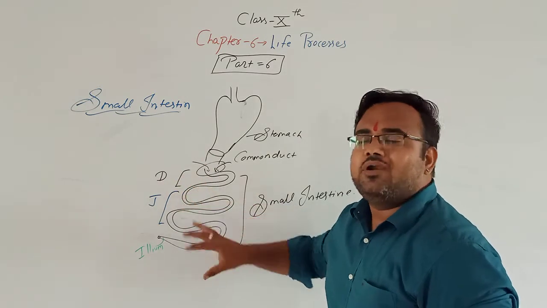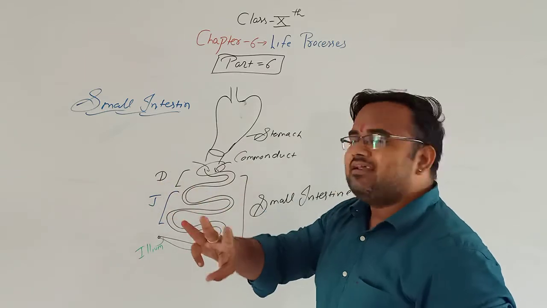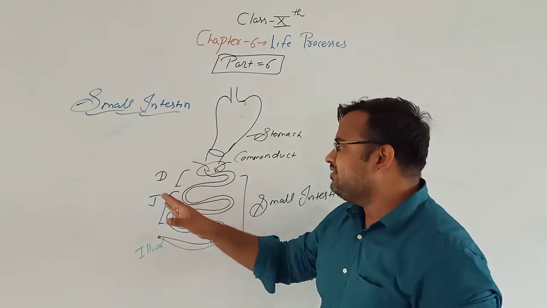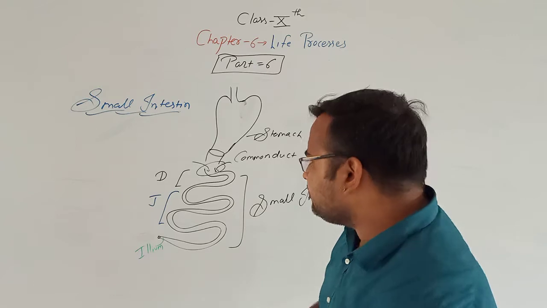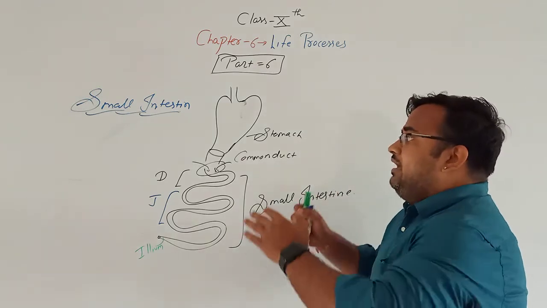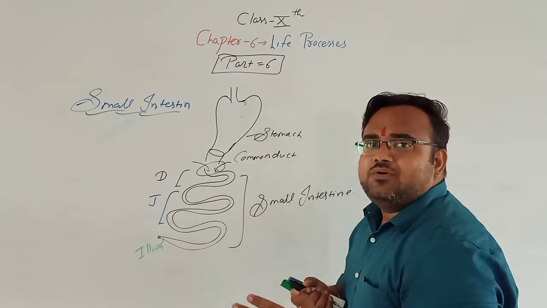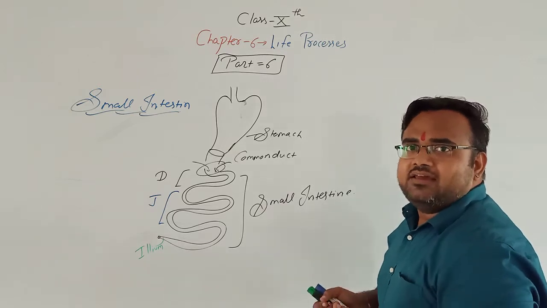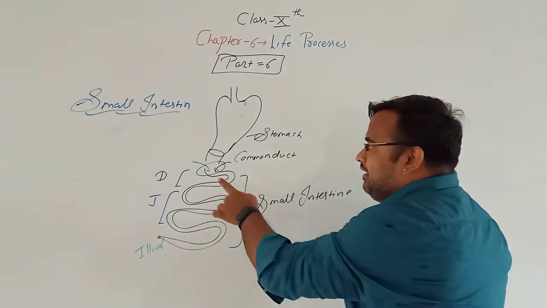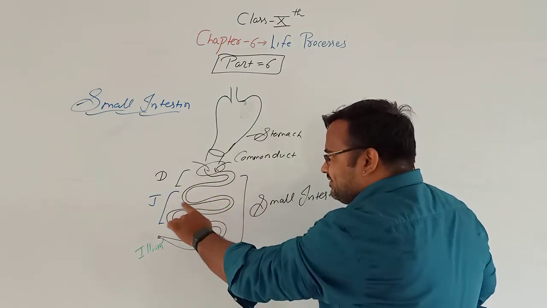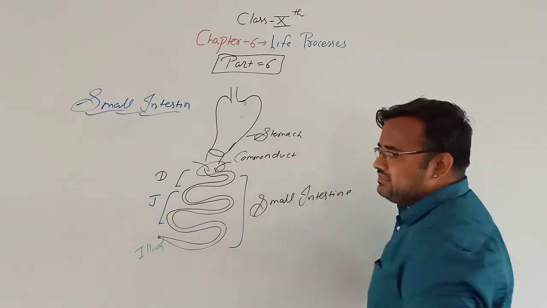The answer would be the small intestine. Most of the food is digested there because it is a curled structure.